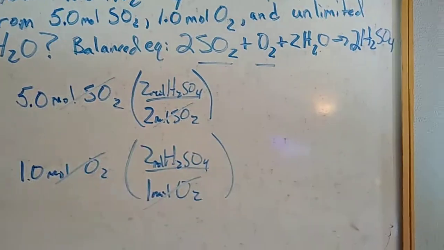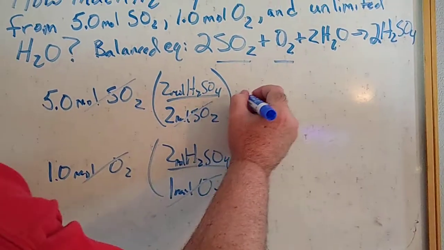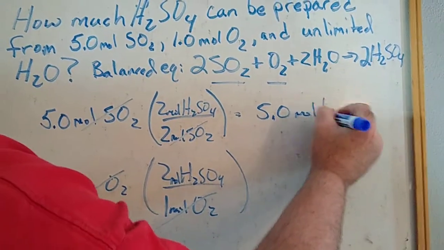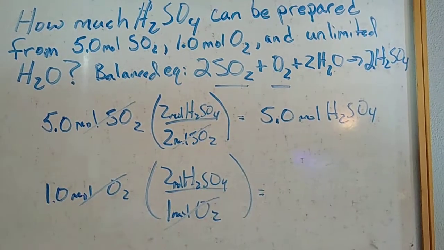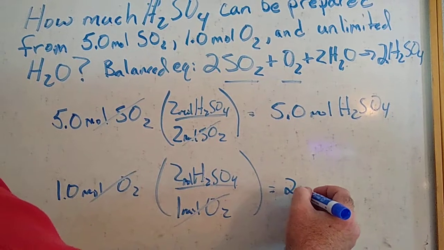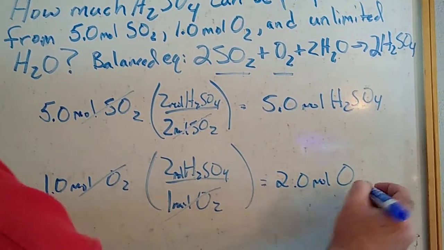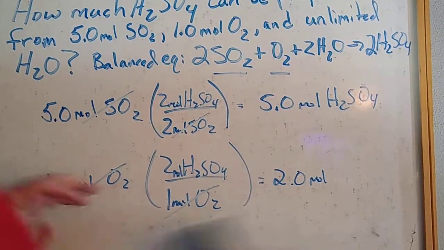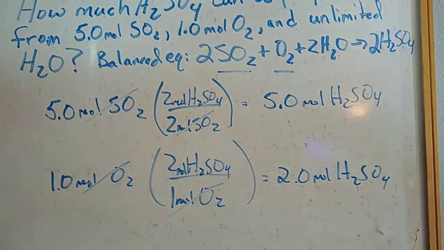And then I do my work. Okay? So this one comes out to be 5.0 moles H2SO4. And this one comes out to be 2.0 moles of H2SO4 also, because that's what we're looking for in our products. I canceled out here and then do it.